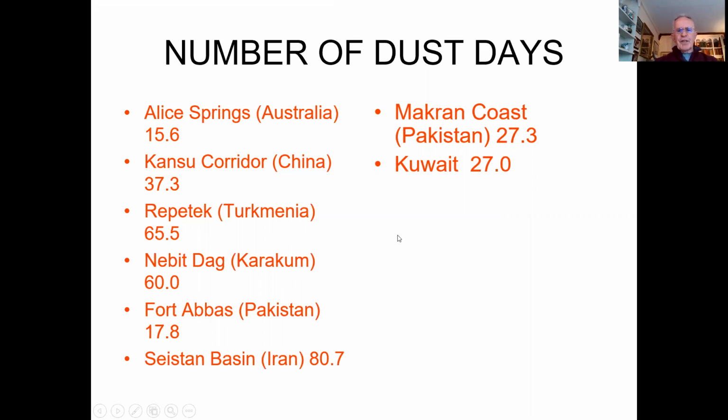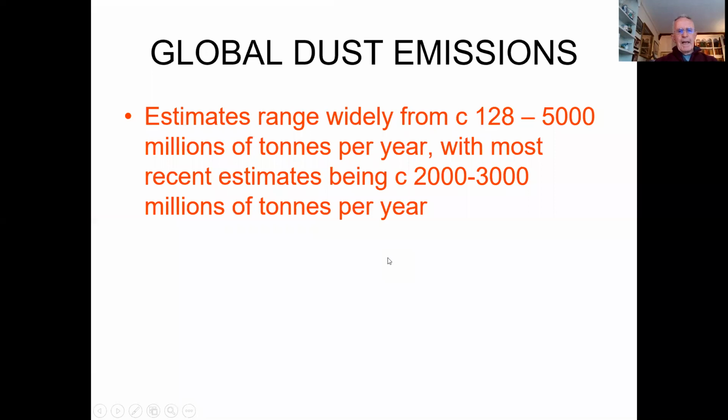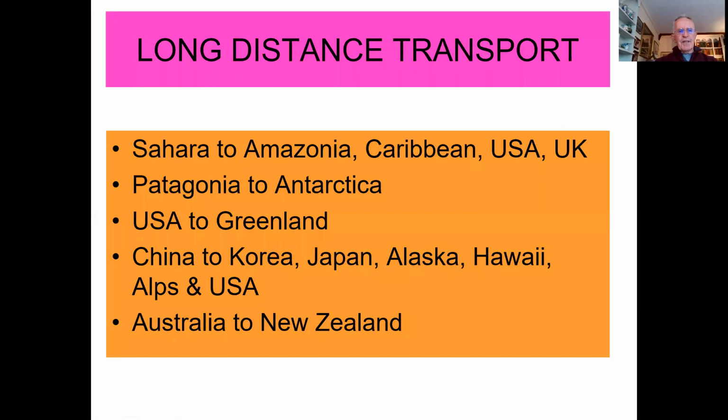So they occur with considerable frequency. They carry a lot of material, some billions of tons per year in the world, and much of this dust is transported from the deserts over huge areas, which is why it has an effect on global climate and global conditions.